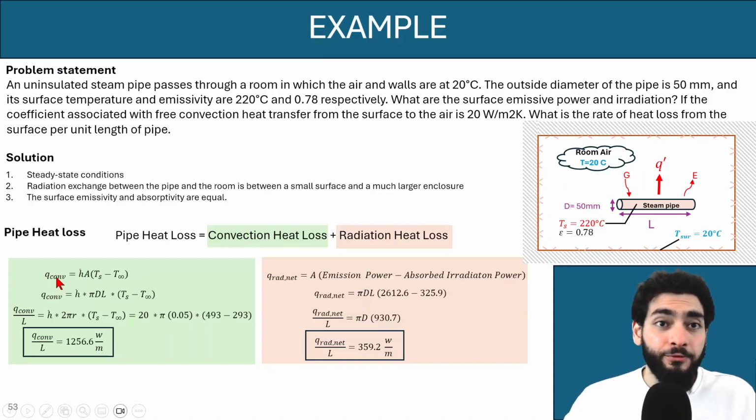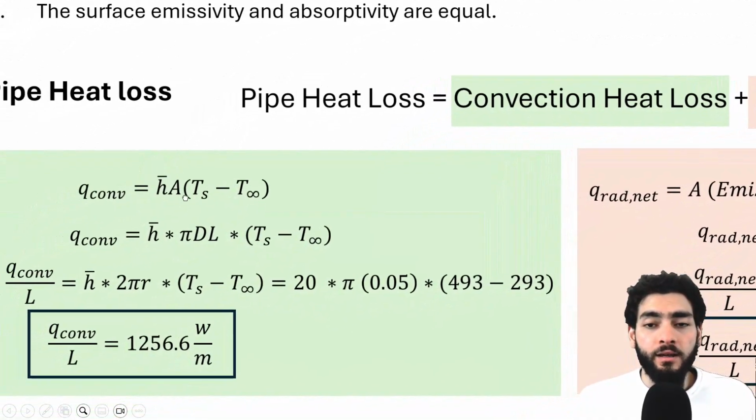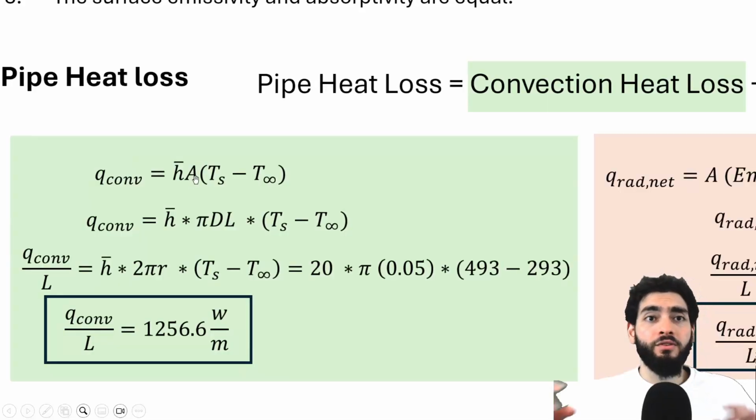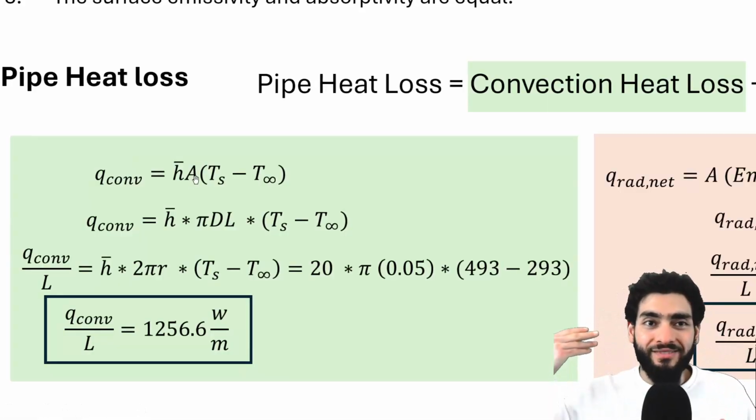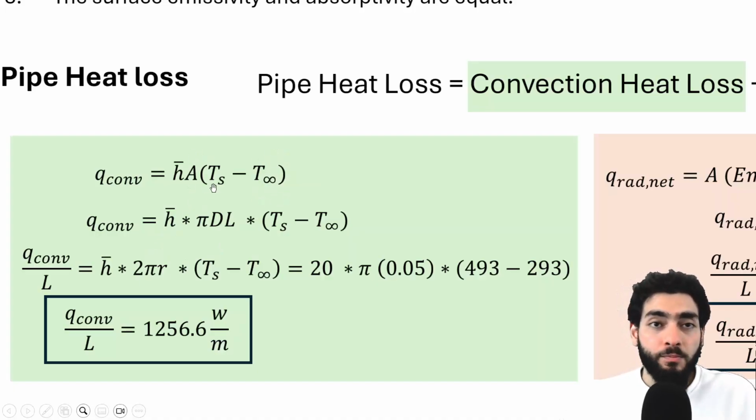Essentially, the convection heat loss is equal to the average convection coefficient multiplied by the surface area of the steam pipe, where you have air that is flowing over the pipe, multiplied by the temperature difference of the surface temperature of the steam pipe with the temperature of the air. And we can expand the surface area, and we know the surface area is equal to pi times the diameter of the pipe times the length of the pipe.